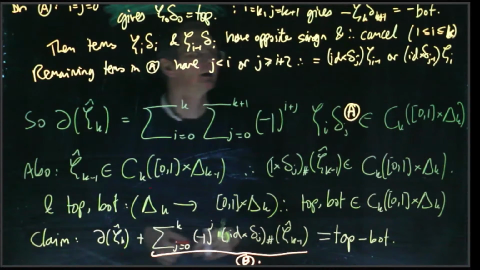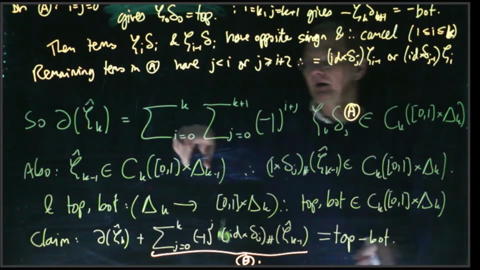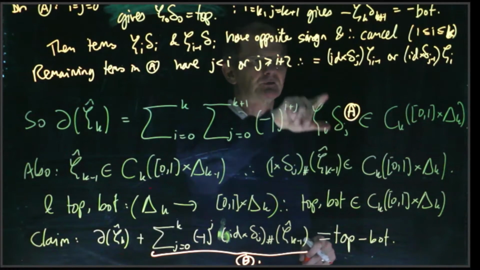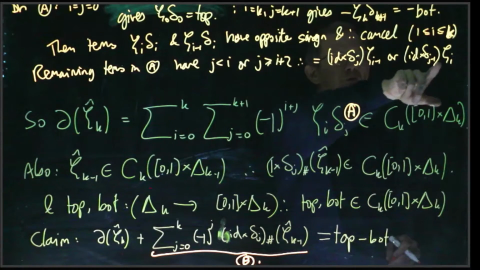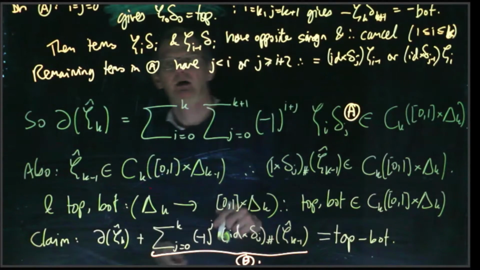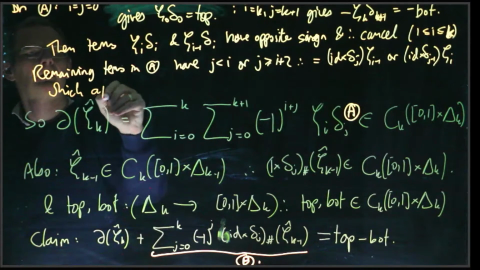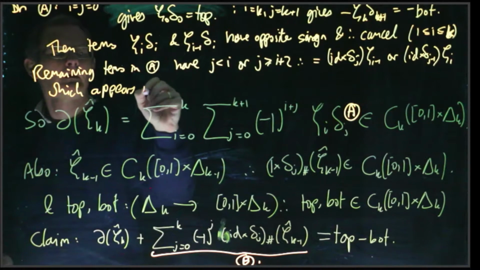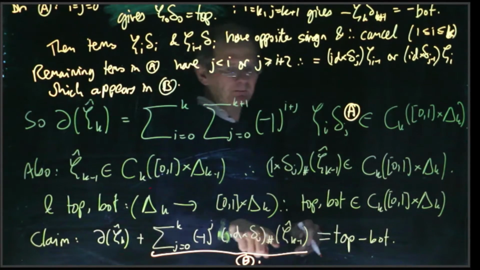If you look back to the results in the last video, these guys, zeta i delta j, were either identity cross delta j composed with zeta i minus 1, or identity cross delta j minus 1 composed with zeta i. And that's going to appear in this B here.